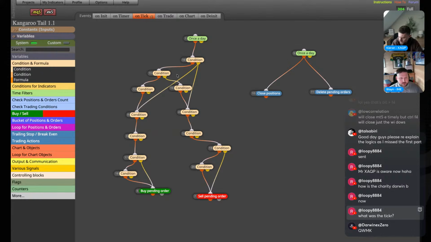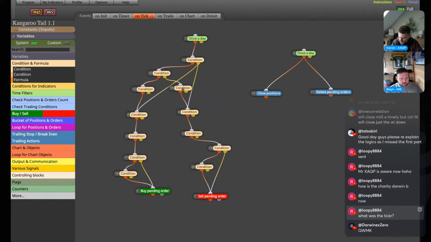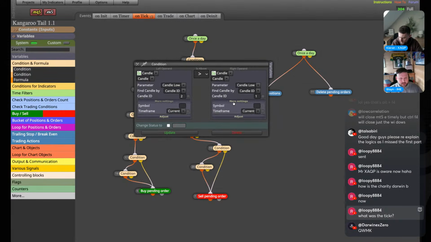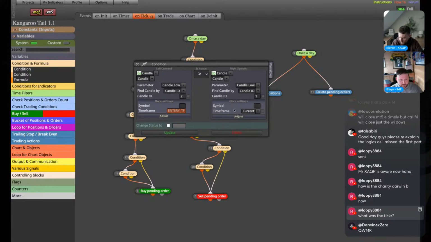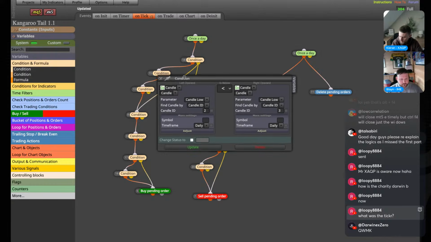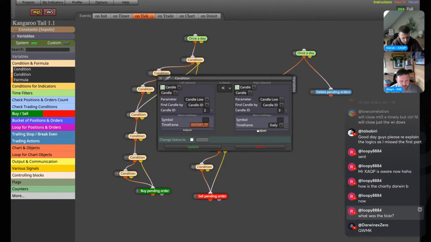So we don't need to do anything there. Don't need to do anything there. Don't need to do anything there. We've put everything in there as well as there. Okay, this is where we need to put in our entry time frame. So enter TF. Enter TF. Here as well, or put in the daily, but I spelt that wrong.